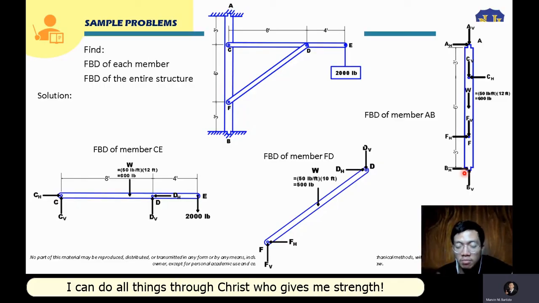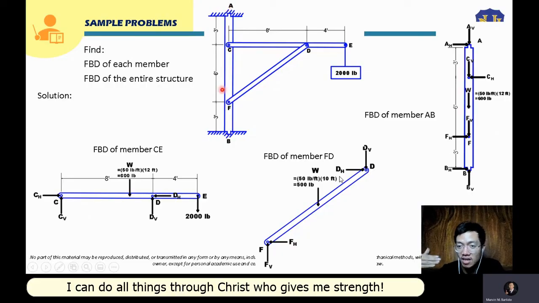After that, for our step 3, we have to show here the reaction forces. The pins here at C and F, if we are going to transfer these reaction forces at point C to the FBD of member AB, and this reaction force at point F here, they will actually serve as applied loads already, since they are not the supports of this bar AB.